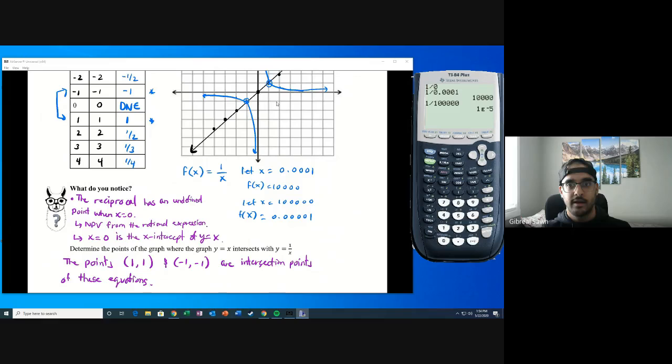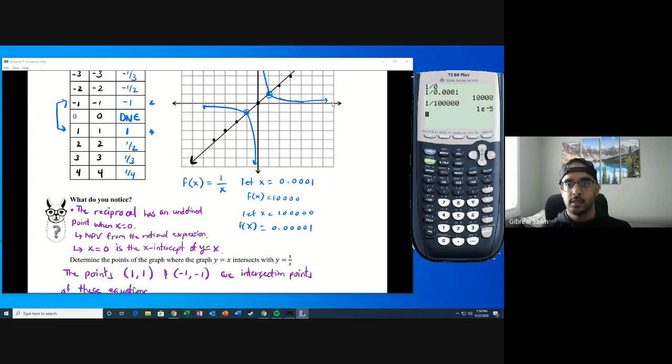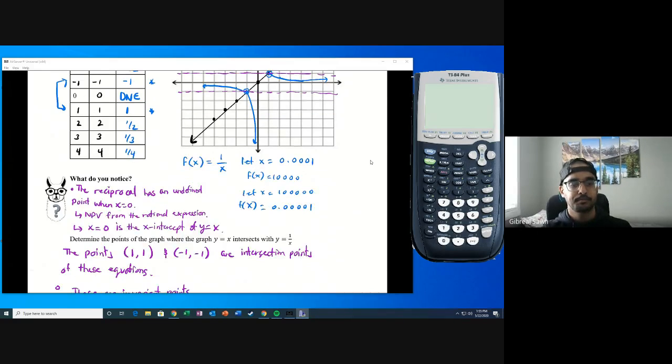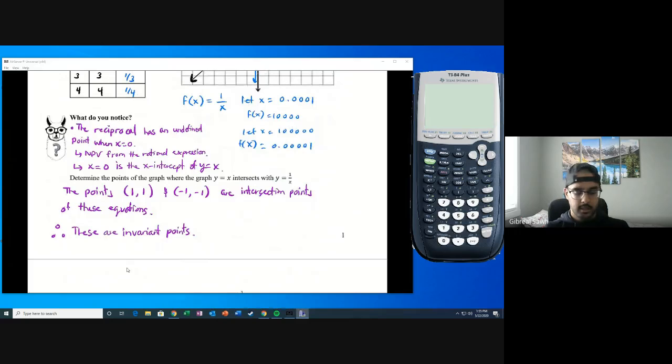The placement of them might be different. They're going to be somewhere along those horizontal lines of -1 and +1, which I'll put in purple for you. So my invariant points will be somewhere along those purple lines, but as you can see, the x-coordinate could change. We'll do a couple of examples down below that will illustrate that. So that might change, but they'll always be along those purple lines. That's kind of cool. So those are my invariant points.